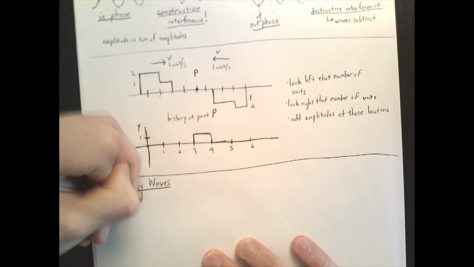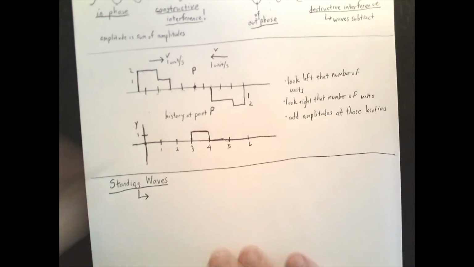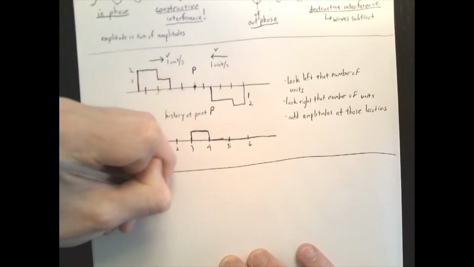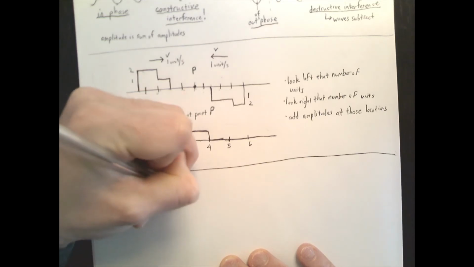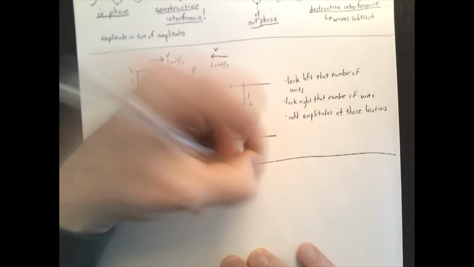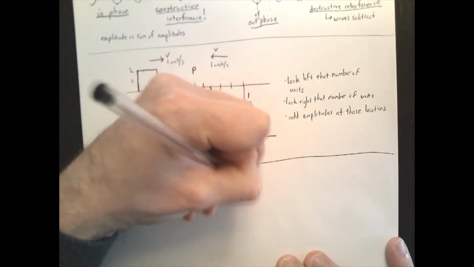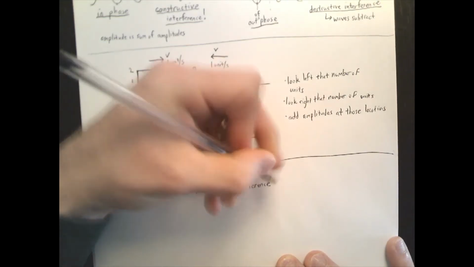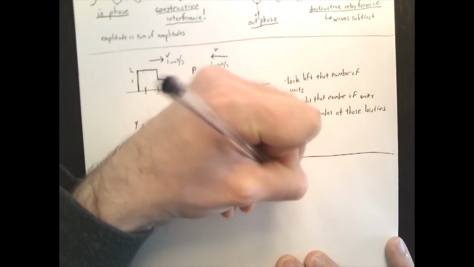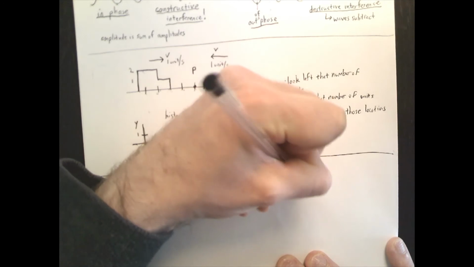So a standing wave is essentially we have a series of wave pulses coming in, and they interfere with their own reflections.